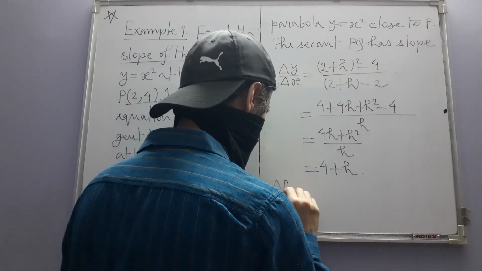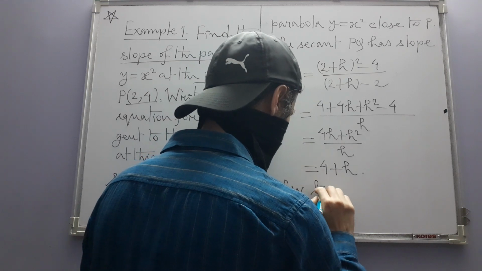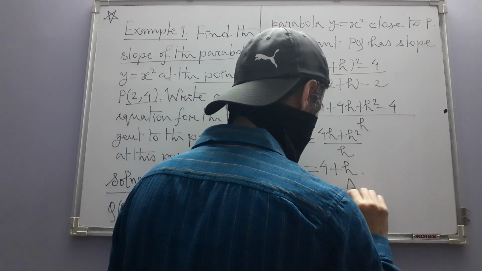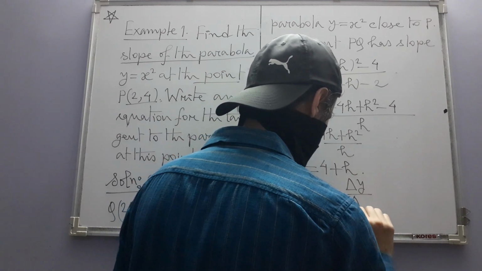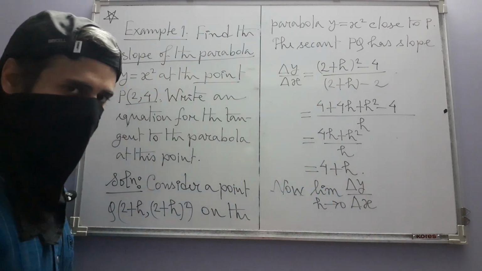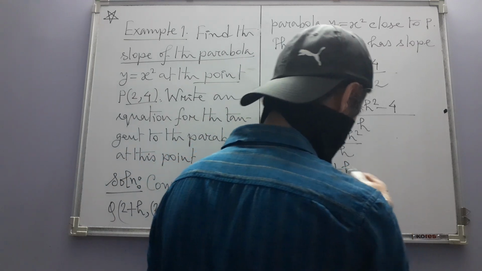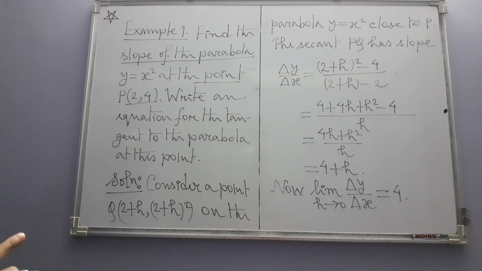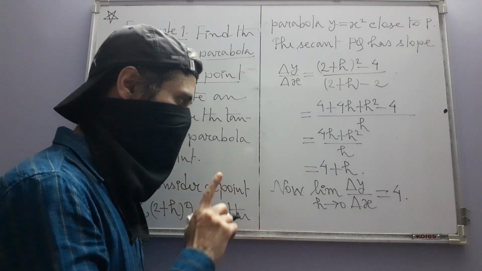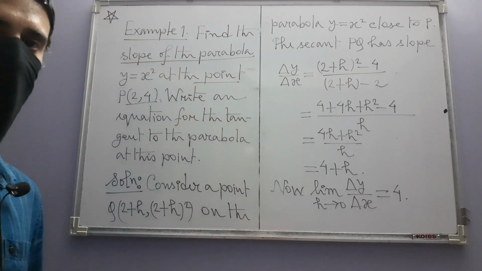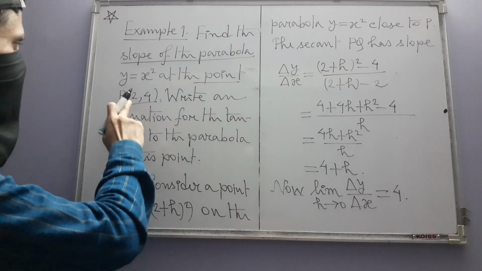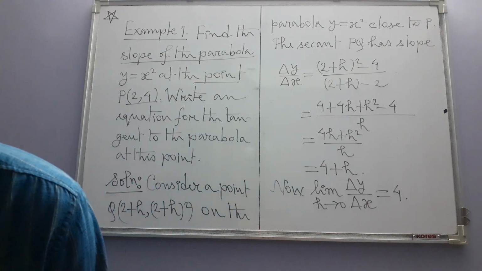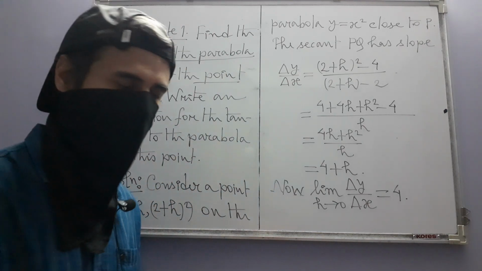Now, the limit as h tends to 0 of the slope of the secant is of course just 4. And that is why, according to our definition, 4 should be the slope of the tangent to the parabola at this point.